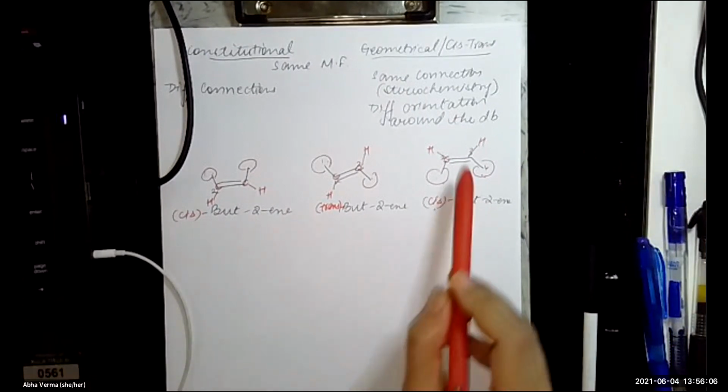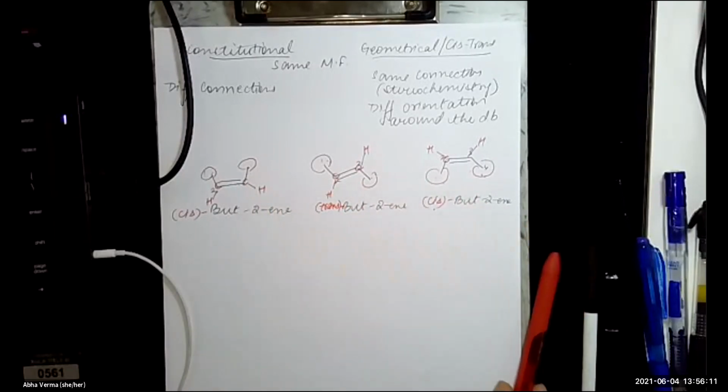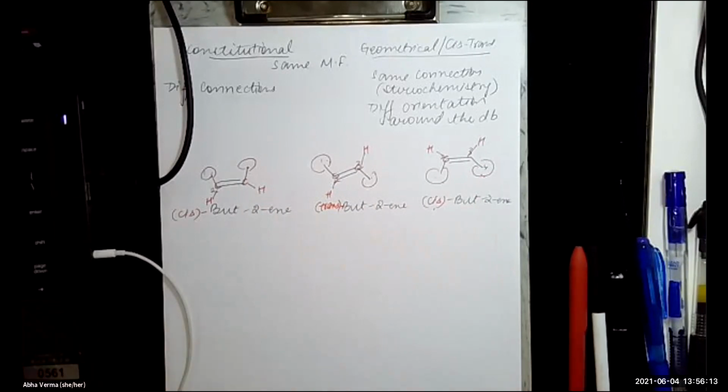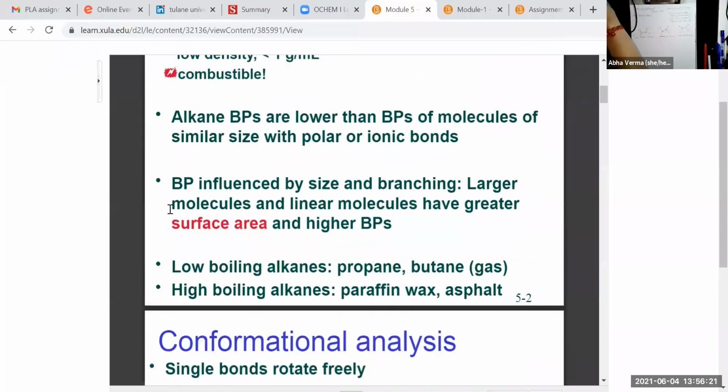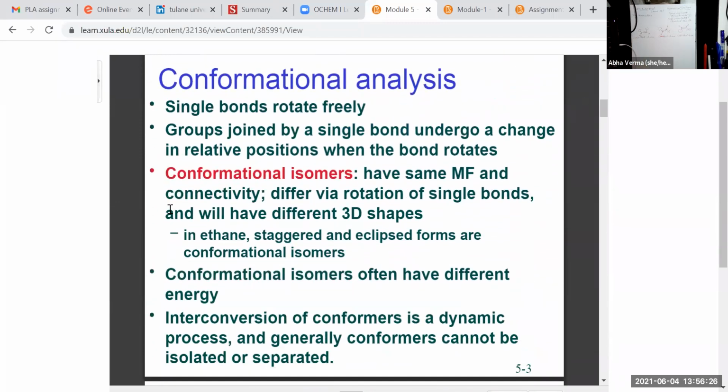These two are the same, even though they look different, but this is definitely different from these two. So when we look at our alkanes, and we looked at the boiling points and solubilities, we will look at conformational isomers now. These are the third kind of isomers that you will need to know about.